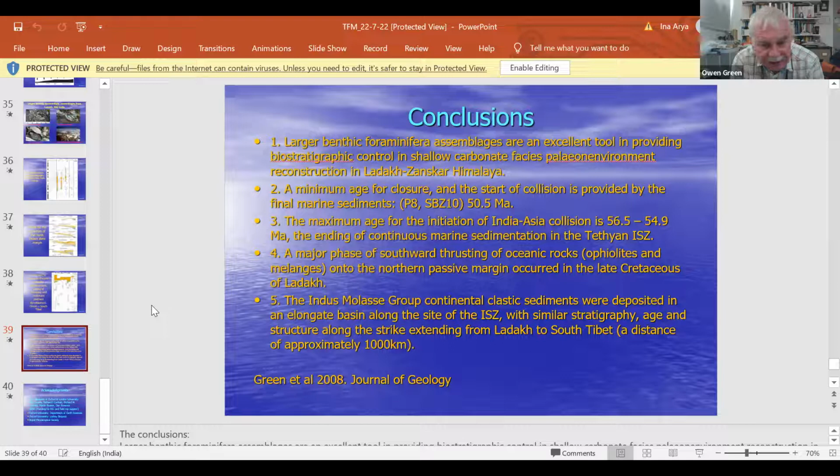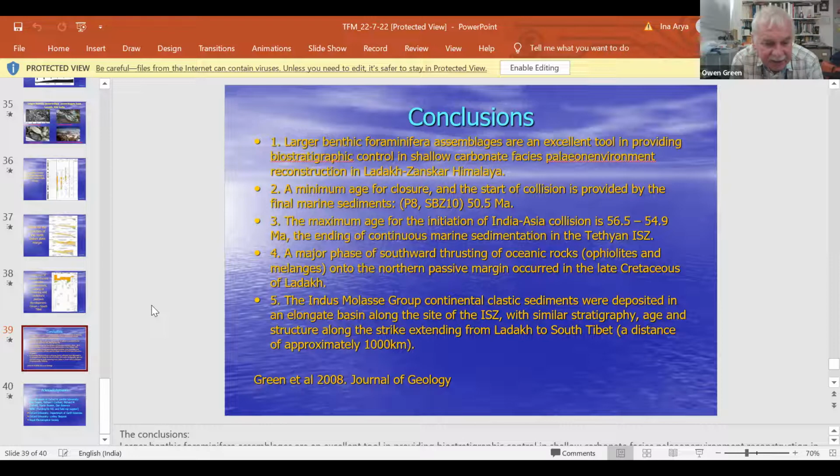So the maximum age of initiation, 56.5 to 54.9, marked the ending of the continuous marine sedimentation, certainly in the Tethys Indus suture zone. And then Mike's major conclusions and major phase of southward thrusting of the oceanic rocks, the ophiolites, etc., onto the northern passive margin occurred in the late Cretaceous in the Ladakh area.